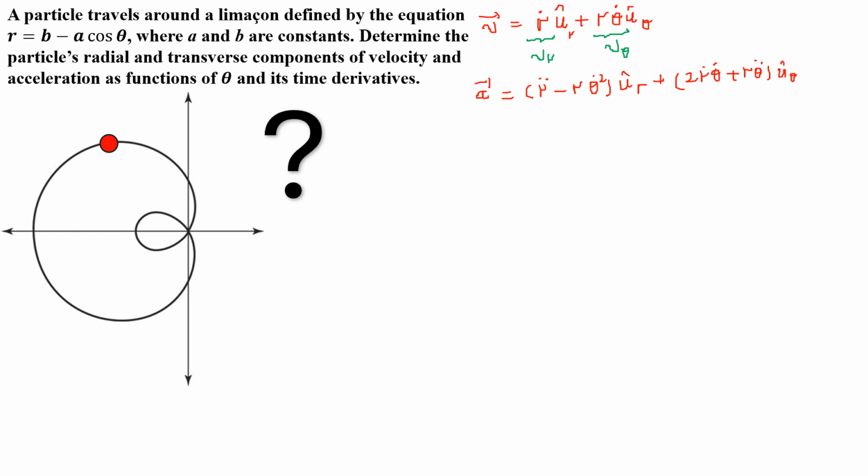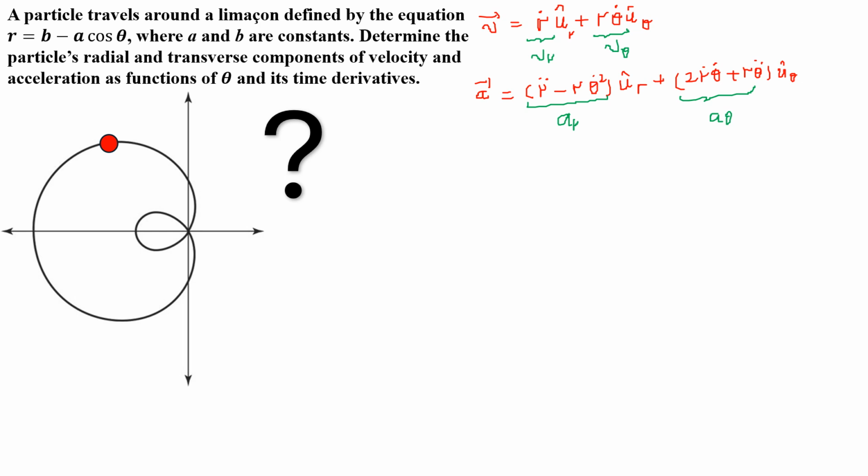And this one here is simply ar, so that's the radial acceleration. And this one here is a theta, the transverse acceleration. So now what the question says, we want to find this vr, v theta, ar, and a theta.